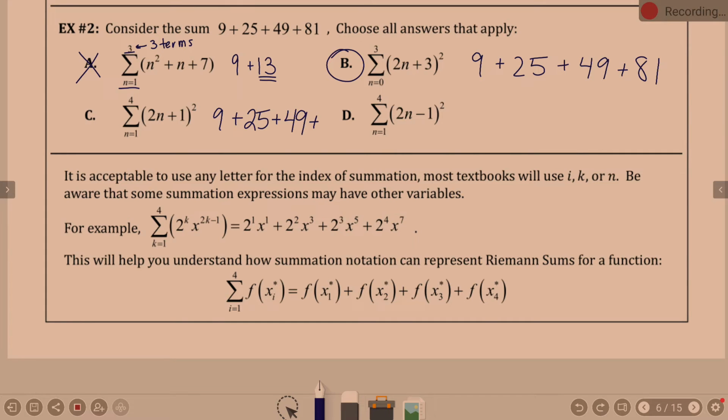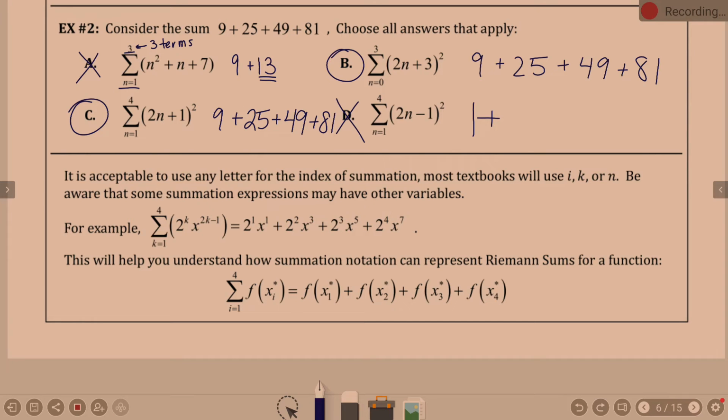Does 4 work? 8 plus 1, 9 squared, 81. C also works. What about D? 2 times 1 is 2, minus 1 is 1. 1 squared is 1.